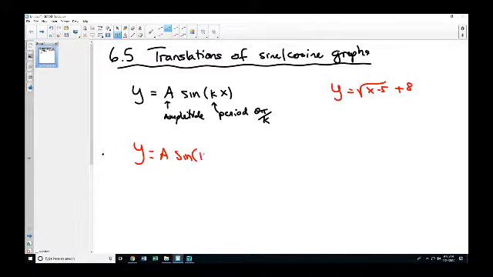Okay. Let me get a book to make sure I'm in line with their notation. Some people write it really well.